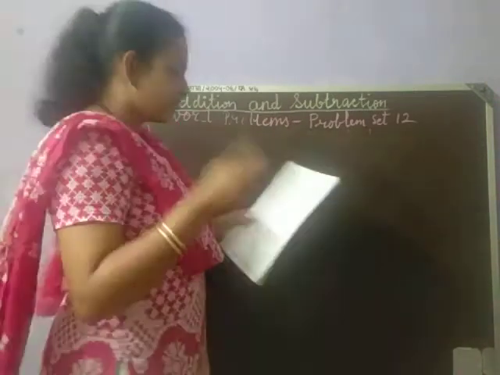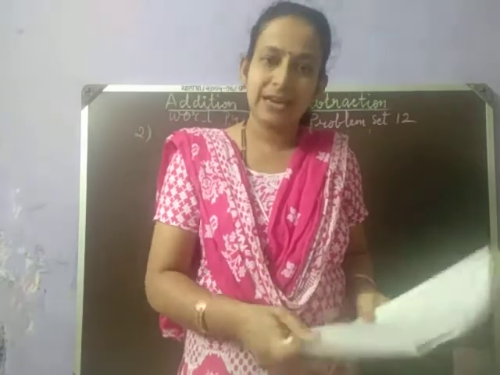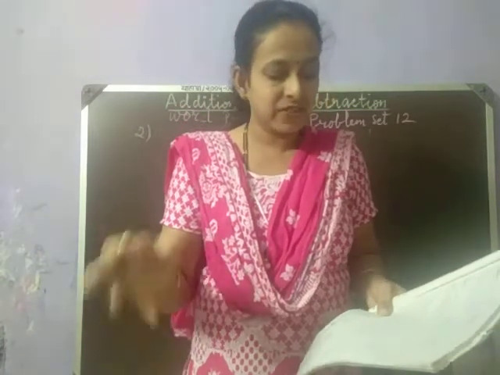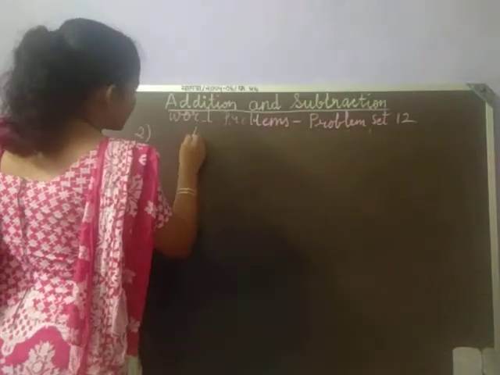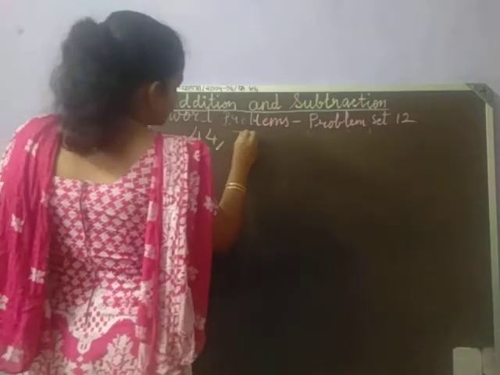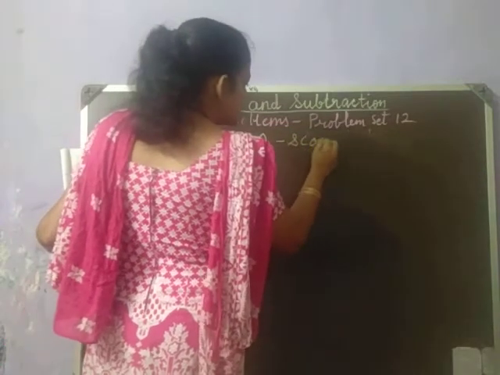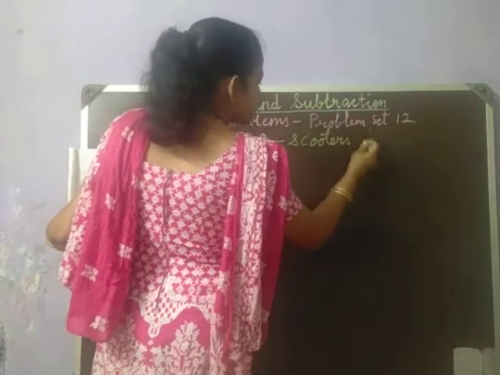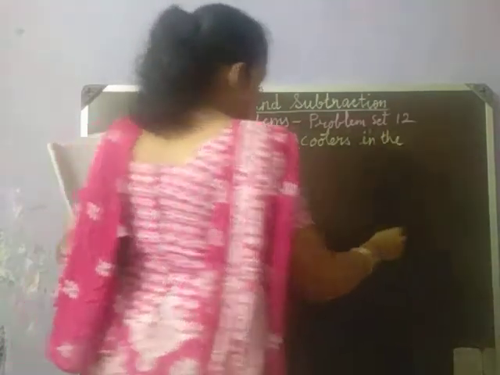Fine. So let us write down what is given here first. Previous year the number of scooters was more. That means we have to subtract 43,150 from 44,730. So 44,730 were the scooters in the previous year.